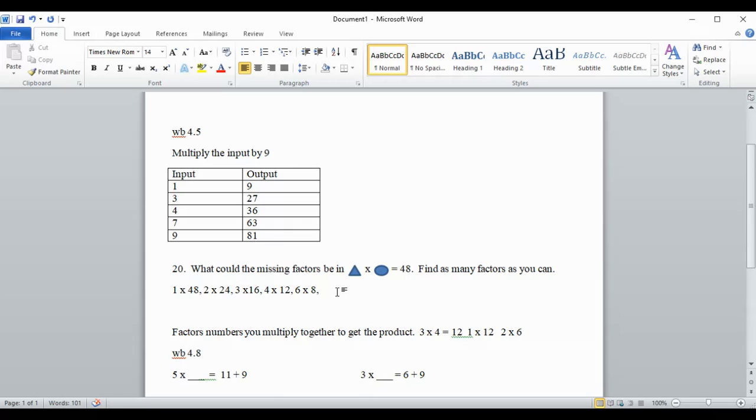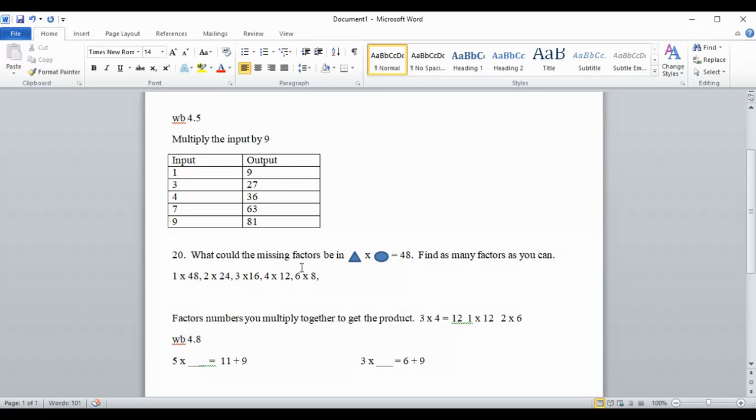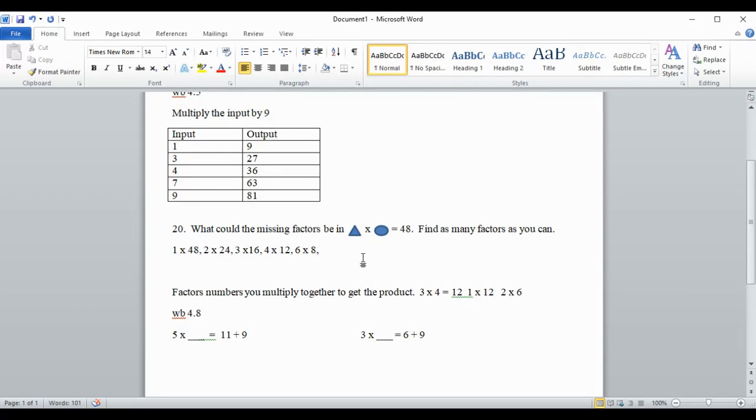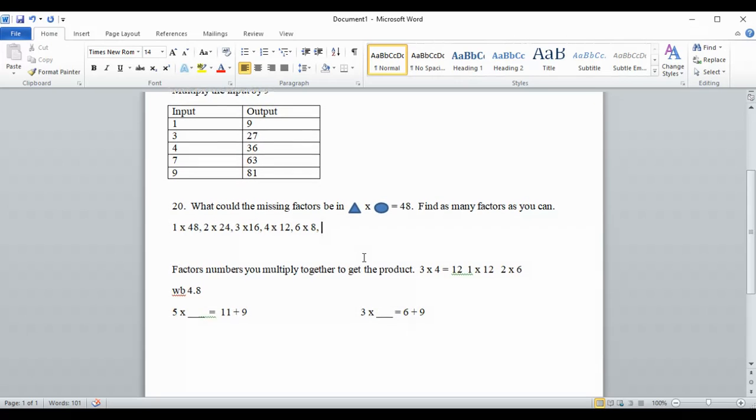Now, there might be a couple that aren't on your multiplication chart, just like 2 and 24 and 3 and 16, and of course 1 and 48 aren't going to be on a traditional multiplication chart. But that's how you figure out problem 20 on workbook 4.5.